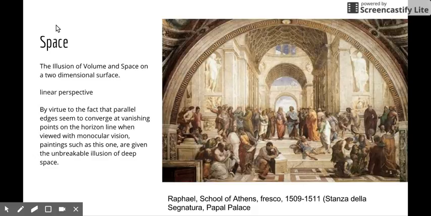But by virtue of the fact that parallel edges, and by parallel edges, I'm talking about edges that are on the same plane, so this edge and that edge are parallel; they're running in the same direction, these parallel edges seem to converge at vanishing points on the horizon line when viewed from one point of view or with monocular vision. Monocular vision being one source of vision. Paintings such as this one are given the unbreakable illusion of deep space.